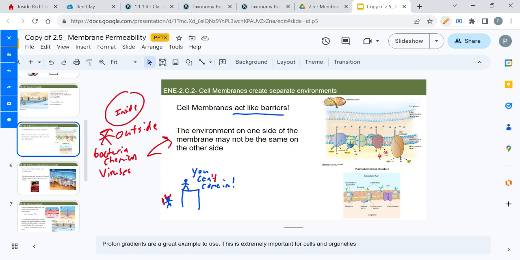Other times we're trying to pump things in and we want to keep them there. So let's take a look at some scenarios. This right here is actually inside of the mitochondria. This is the electron transport chain, or the ETC for short. What we do here is pump these hydrogen ions in to build a concentration gradient, in order to force them out and make energy out of it.